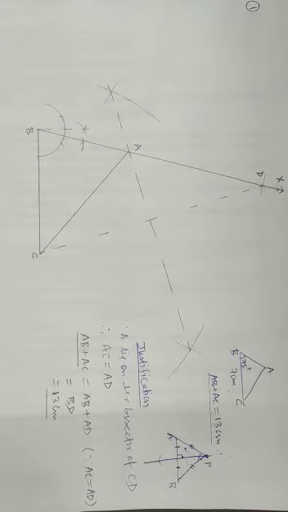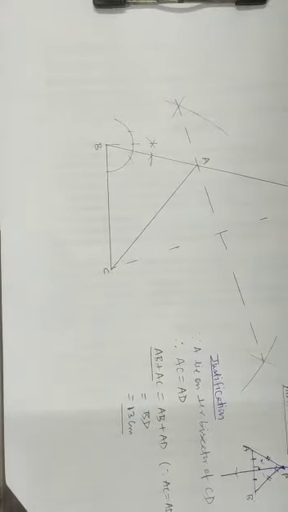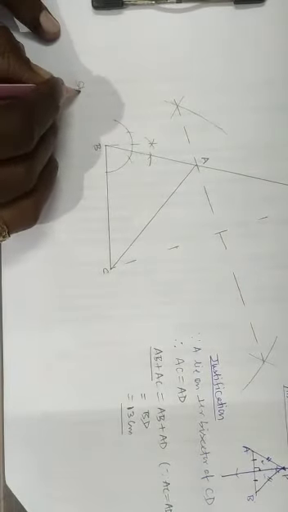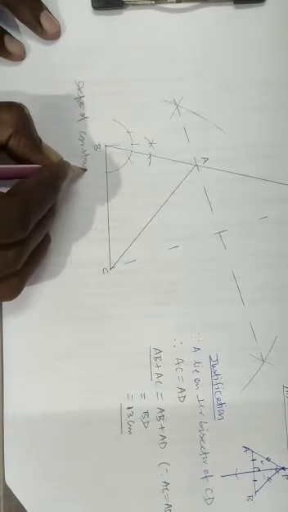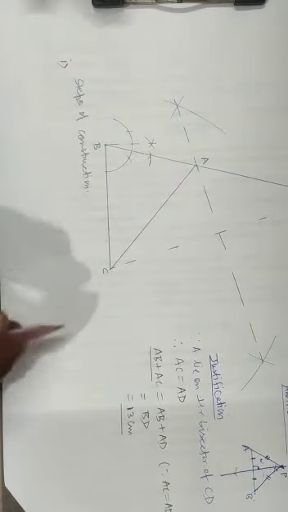Now the next part is, when you do the construction, you are also asked to write the steps of construction, which is a very important part. So I am helping you out with the steps of construction also. It is not a very difficult task to do. You have to just write all the things one by one. So first you have drawn a line segment BC of length 7 centimeters.